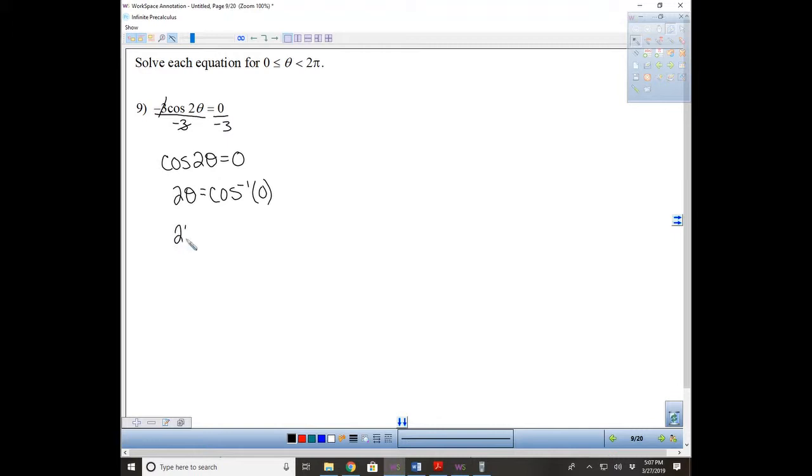So I've got 2 theta is equal to pi over 2 plus 2n pi, and 2 theta is equal to 3 pi over 2 plus 2n pi. But I'm not done yet because I have to solve for theta, so I'm going to divide by 2.